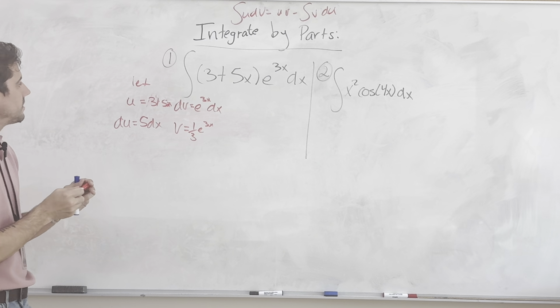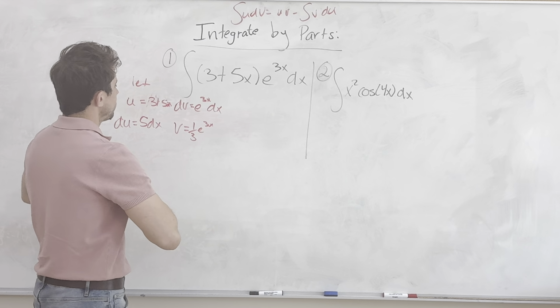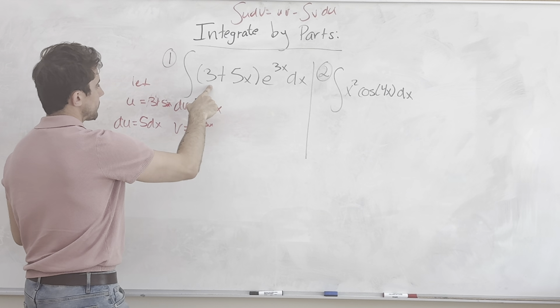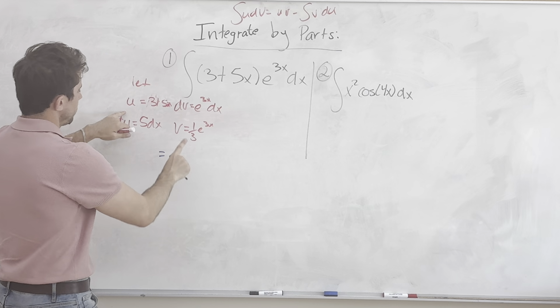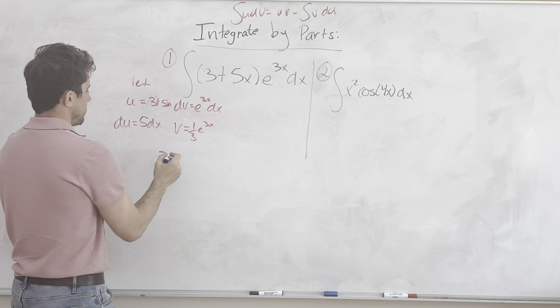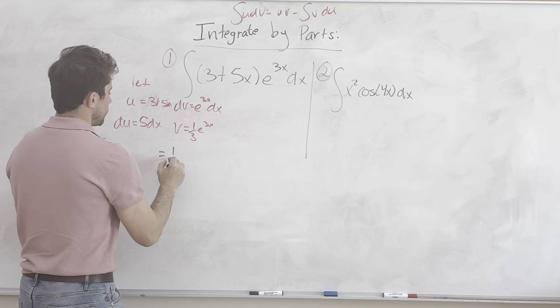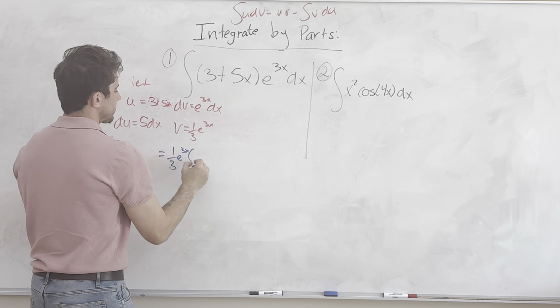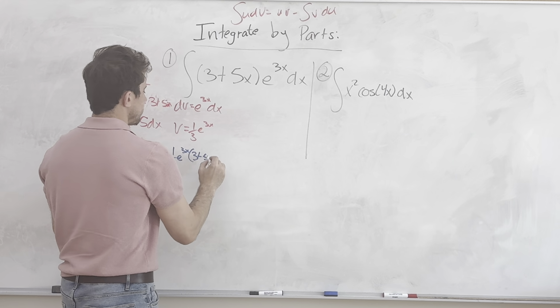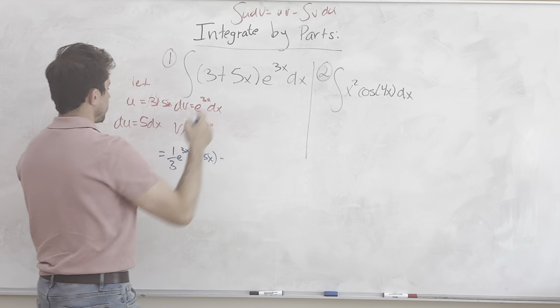That wasn't so bad. So now, by the integration by parts formula, I'll use the blue color for contrast, we can equate this integral to u times v, so 1/3 e to the 3x times 3 plus 5x, minus the integral of v du.